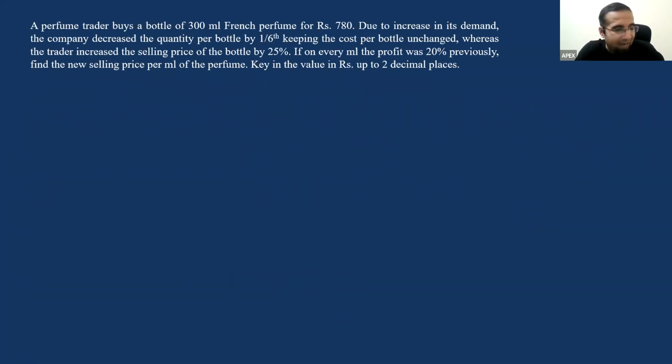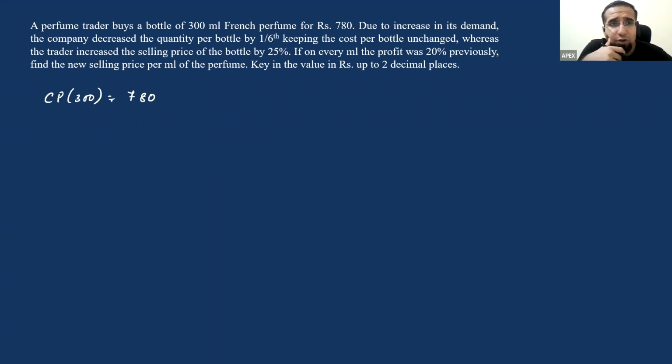Now, the next question says that a perfume trader buys a bottle of 300 ml of French perfume at 780 rupees. So what do I have here, guys? I have 300 ml of perfume bought at 780 rupees altogether, right? So all I can look at here is, we have CP of 300 ml is equal to 780.